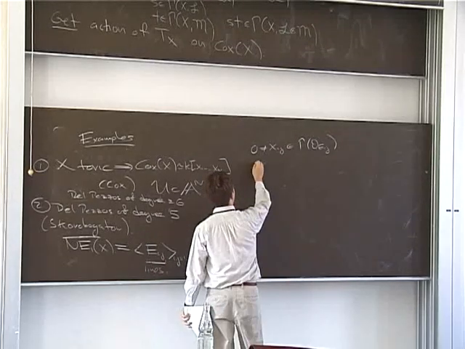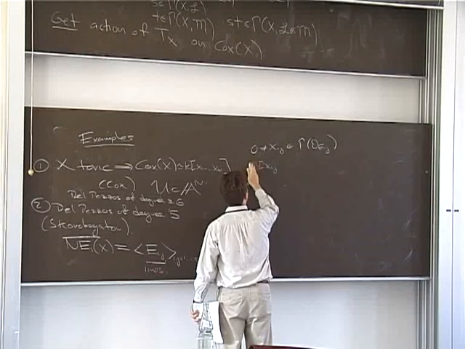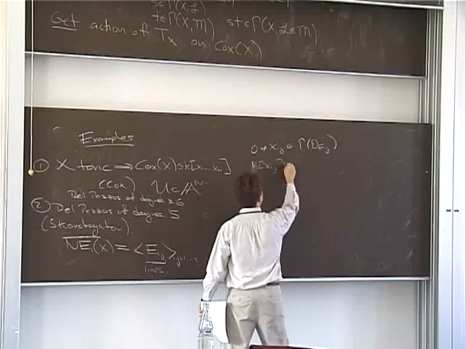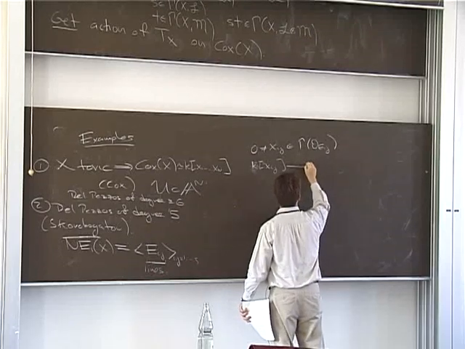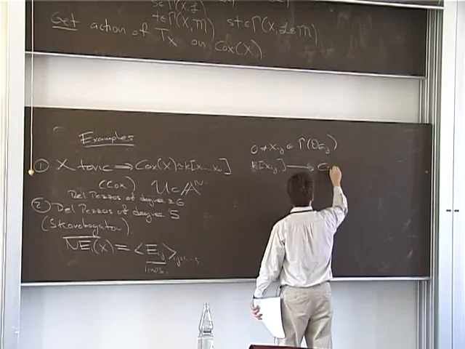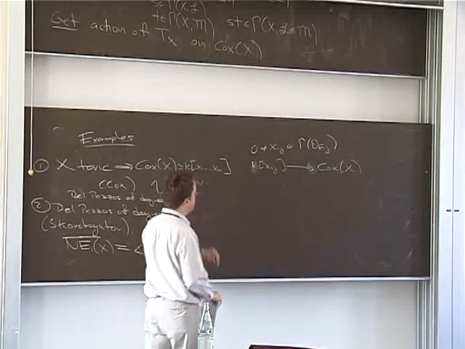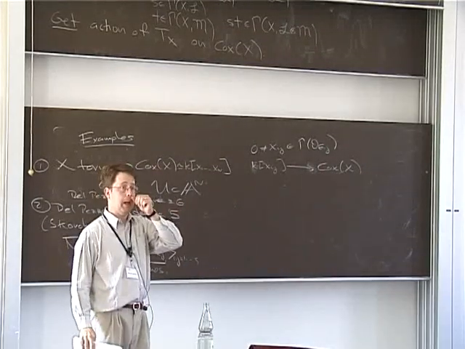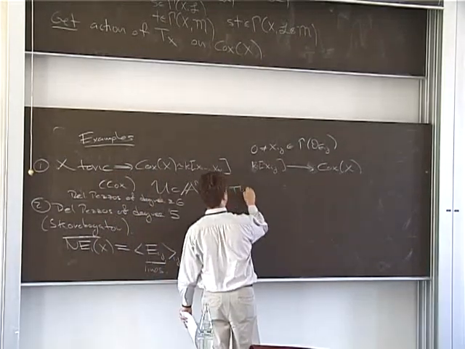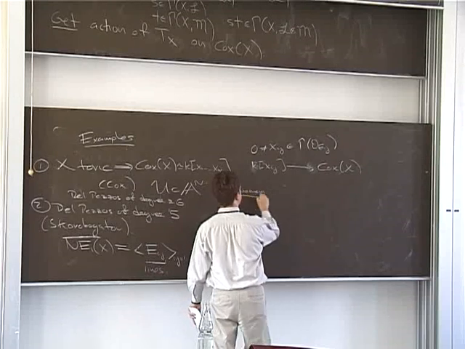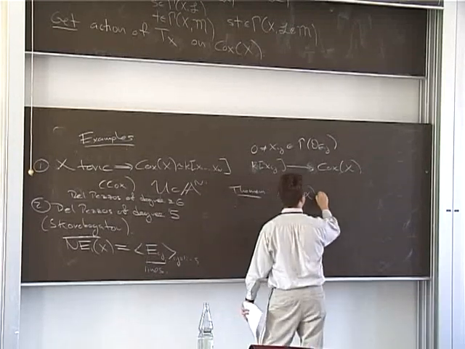And so we get a homomorphism from here to the Cox ring. The theorem is that this is surjective, and we can describe the relations explicitly.